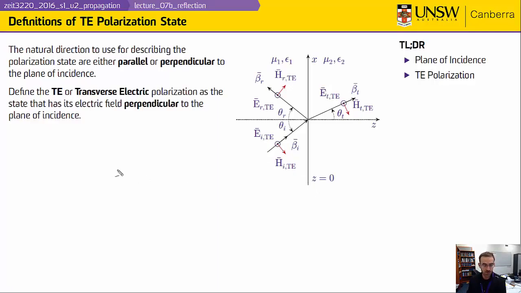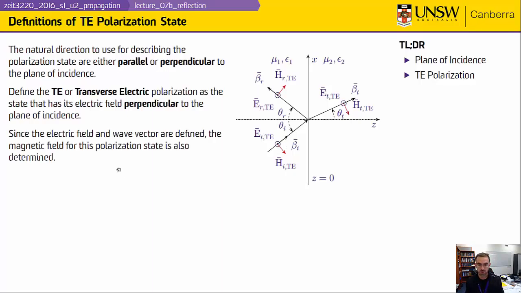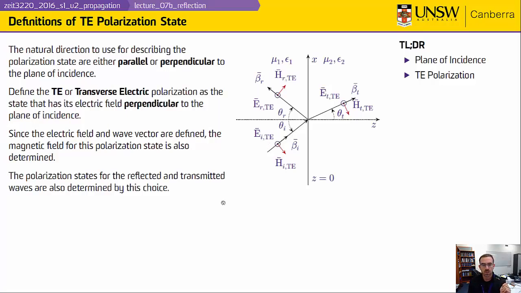The magnetic field, of course, is defined. We know that once I've defined the electric field and the direction of propagation, then the magnetic field direction is specified, and it's shown here in red. So here I have the electric field out of the board, and I've got the magnetic field vector pointing down and to the right in order to form the right-handed triplet.